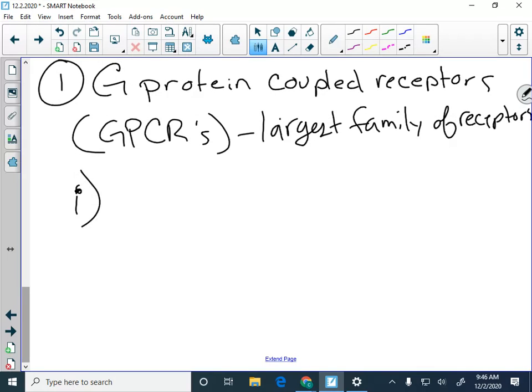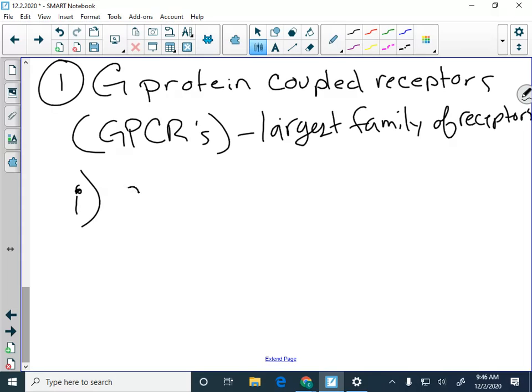In step 1, we have a G protein that can move along the cellular side of a membrane. So there's G protein coupled receptors, there's G proteins, and there's an enzyme. Those are the players at hand here, and we'll draw those out.